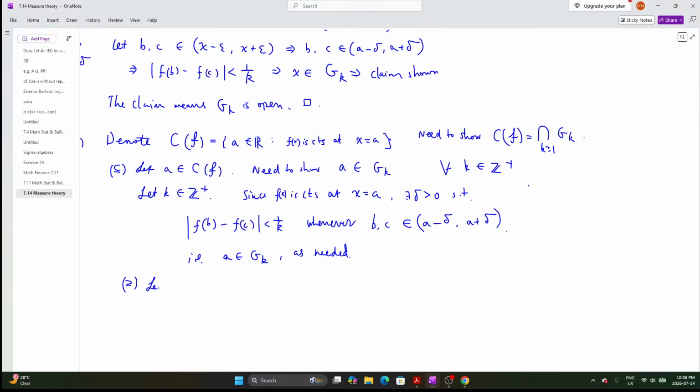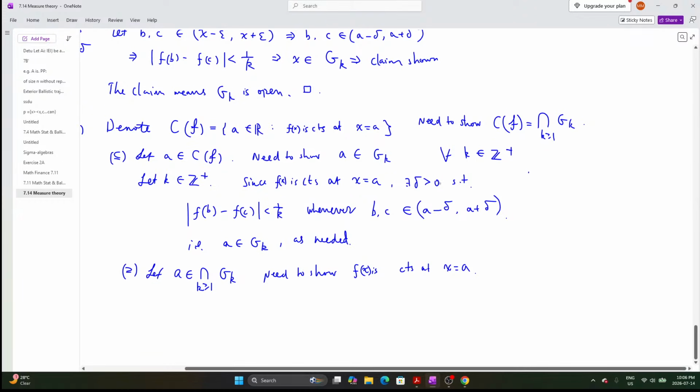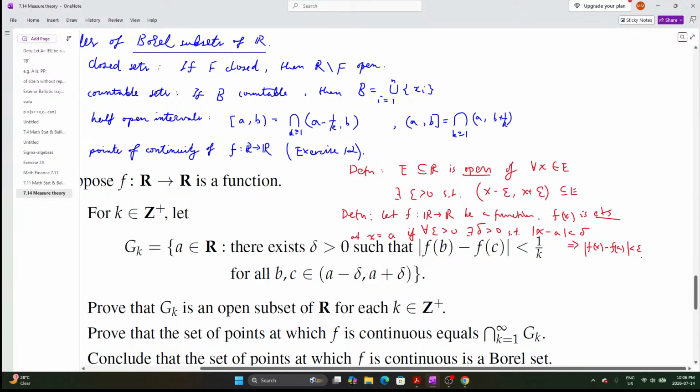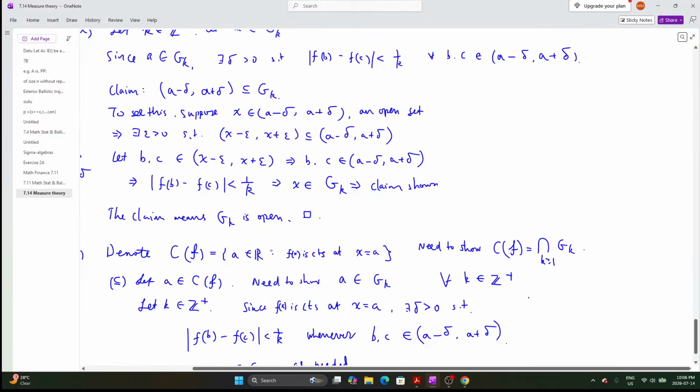As for the opposite direction, it shouldn't be too difficult. So let a be in the intersection of GK, k greater or equal to 1. You need to show f of x is continuous at x equals a. Okay, so use the epsilon delta definition. Start with let epsilon greater than 0.